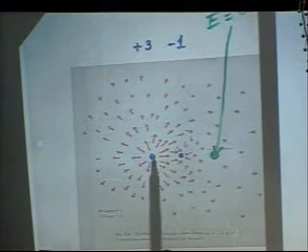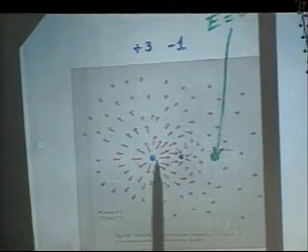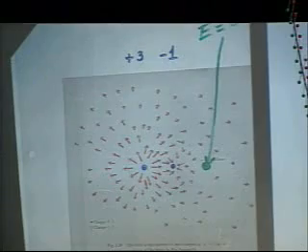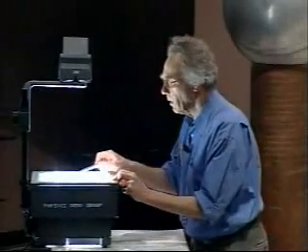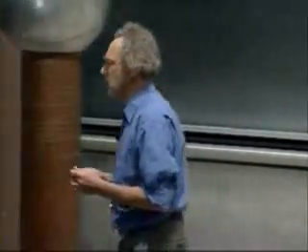Well, if you're in between the plus and the minus on this line, always the E field will be pointing from the plus to the minus, because the plus is pushing out and the minus is sucking in, so the two support each other. But now if you go very far away from this charge configuration, anywhere, but very far away, much farther than the distance between the two charges, so somewhere here, or somewhere there, or here, notice that always the arrows are pointing away.